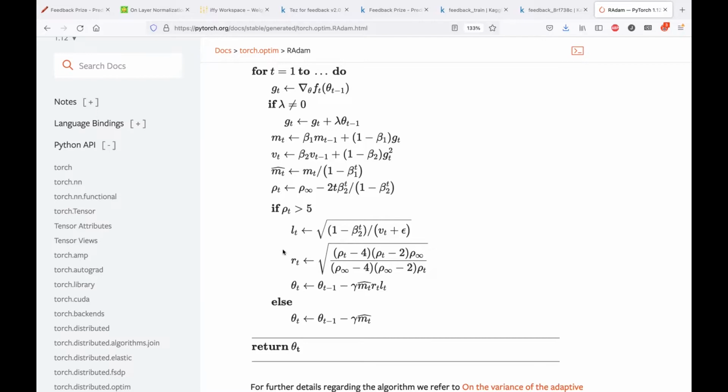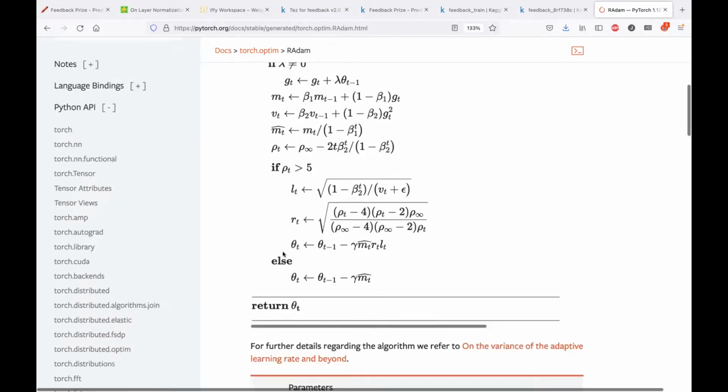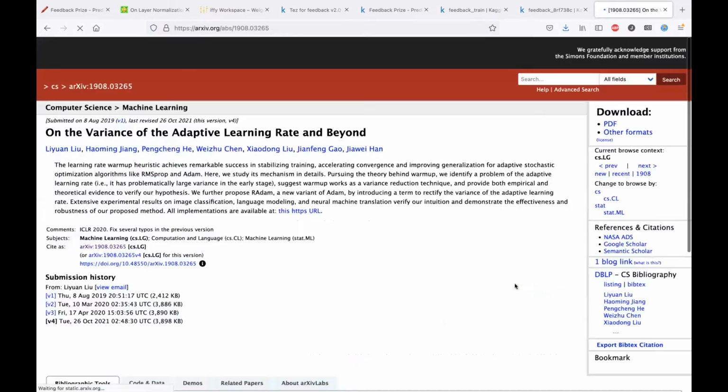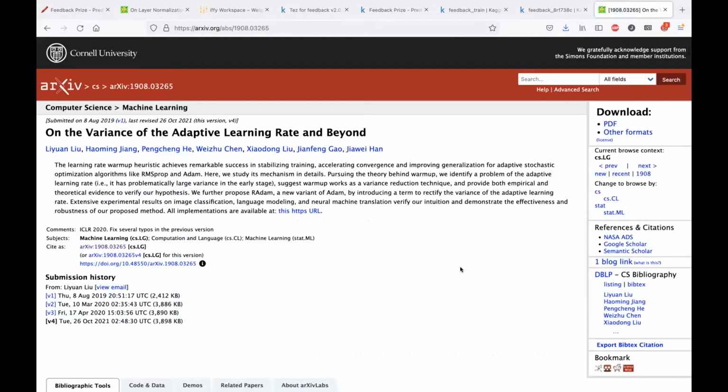But just from an experimental perspective, sometimes it showed better results, sometimes not. But I think more often it's better than Adam on NLP tasks. Okay, thanks. And it's from quite a recent paper.